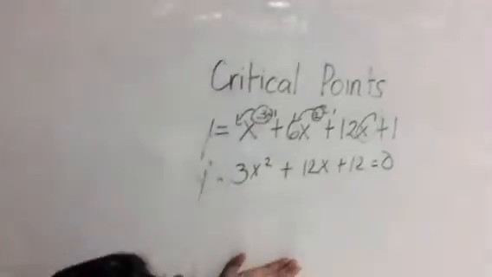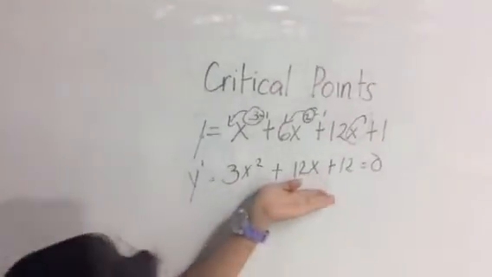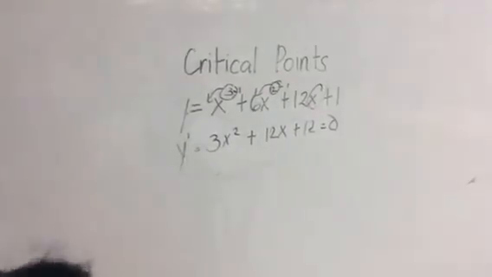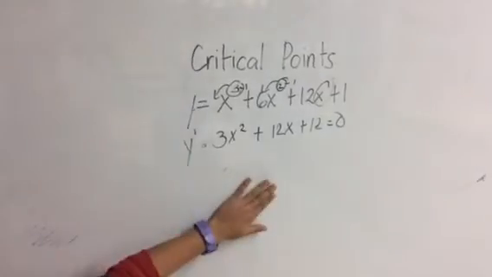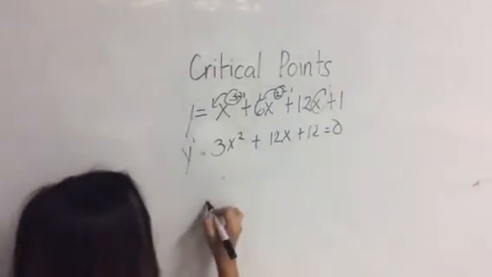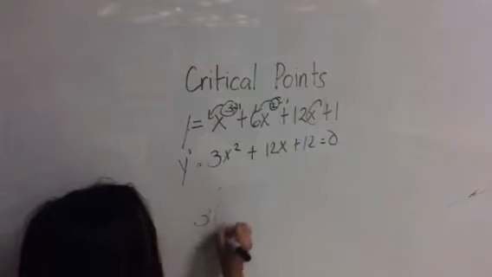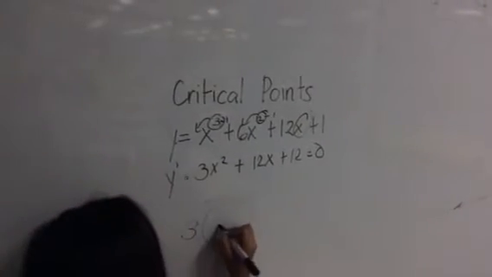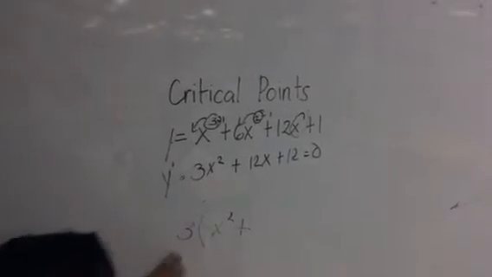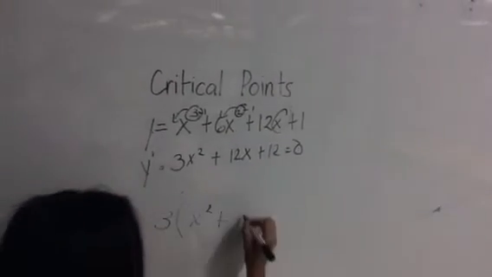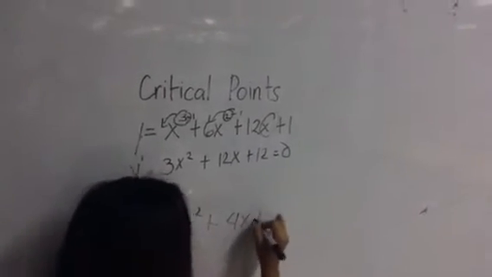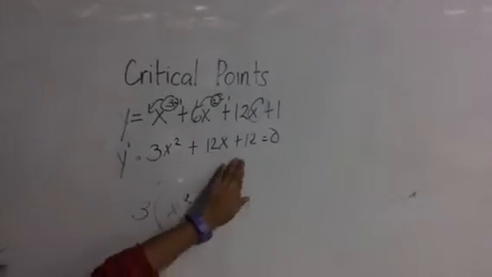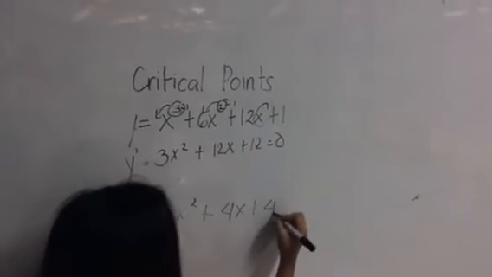So, we will get now the GCF of our first derivative. So it's 3. So 3 divided by 3x squared is x squared, plus 3 divided by 12x is 4x, plus 3 divided by 12 is 4.